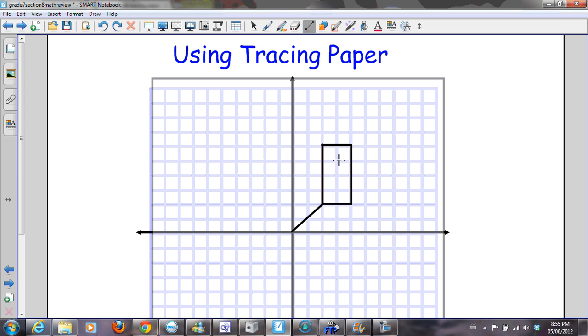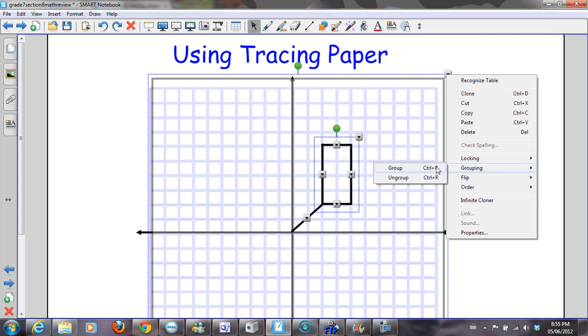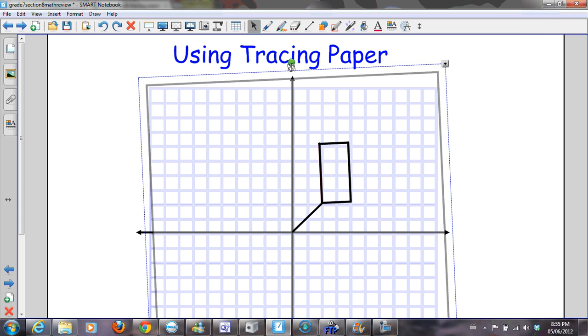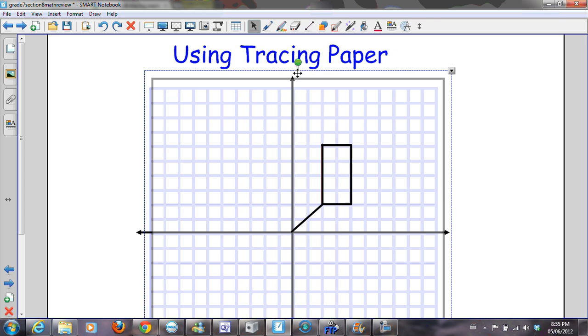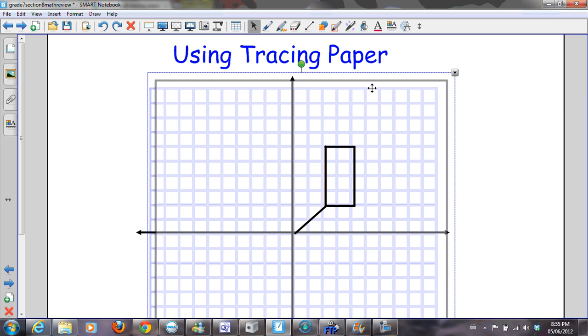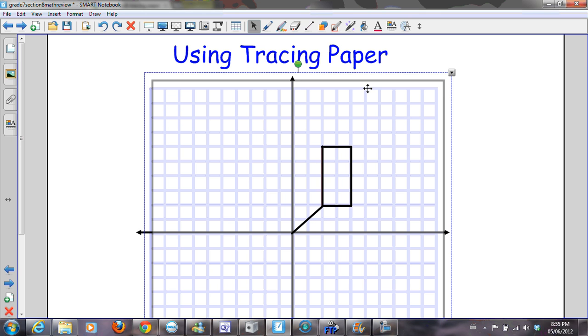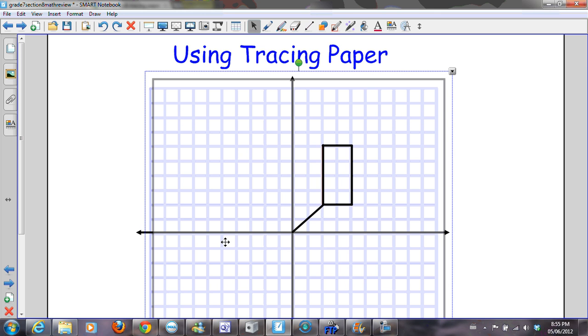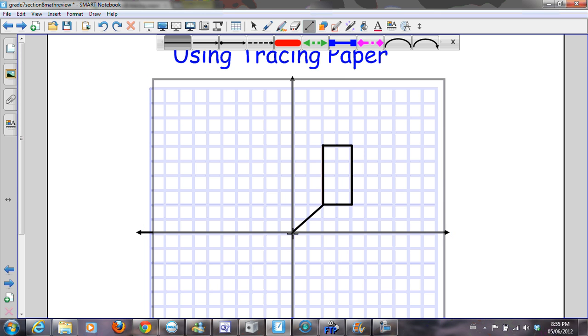So now all you have to do with your tracing paper then, and I need to group all of my tracing paper stuff together. See if this works. I haven't tested this one yet. Maybe I should have. Okay, so when you actually rotate it 180 degrees, you will end up, let me see, I grouped too much of it. You will end up with this whole thing rotating and facing this direction down here.